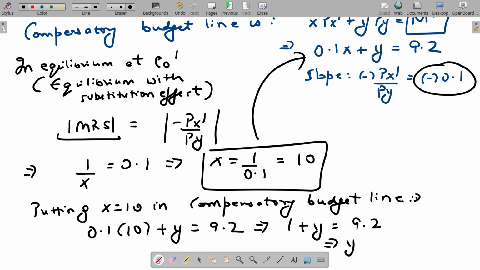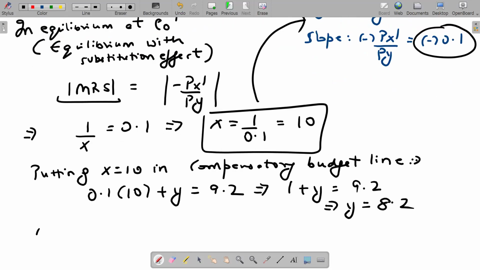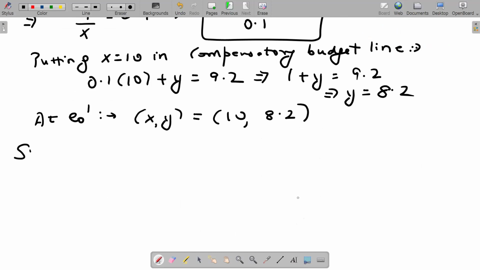So that gives me y as 8.2. That means at the equilibrium E0 dash, the values of x and y are 10, 8.2.